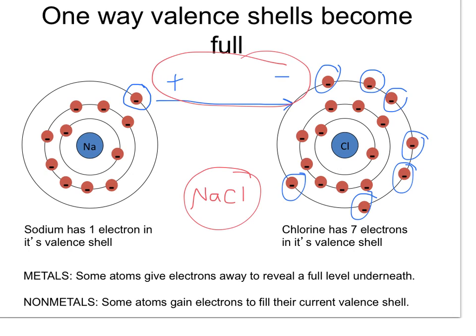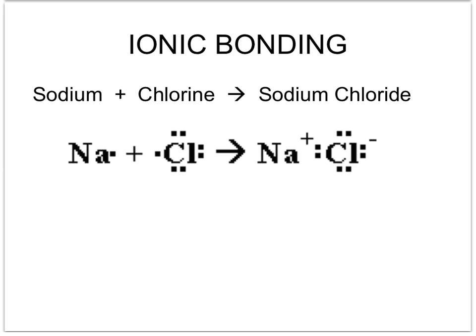One of the ways that we can represent this is our Lewis dot diagrams, and you can see in this picture we've got 1 dot for sodium, we have 7 dots for chlorine, and that 1 electron is going to be transferred over to the chlorine to give it 8 in its outer shell, making it negatively charged.